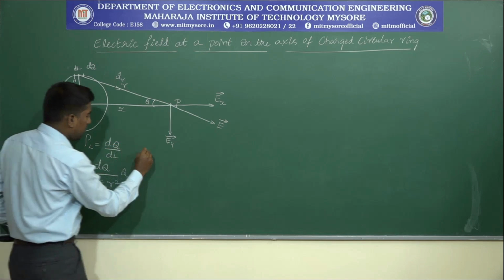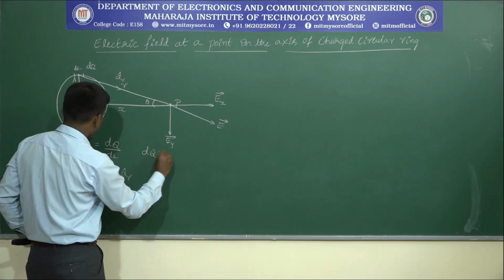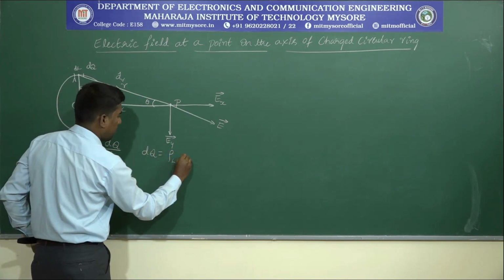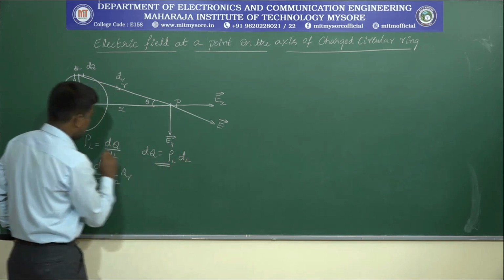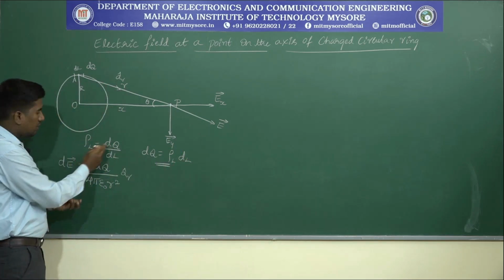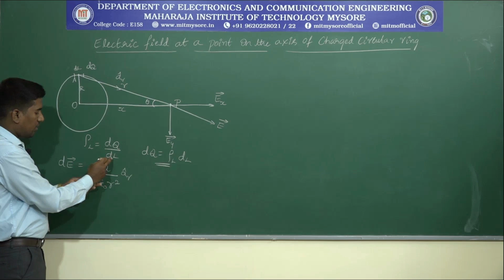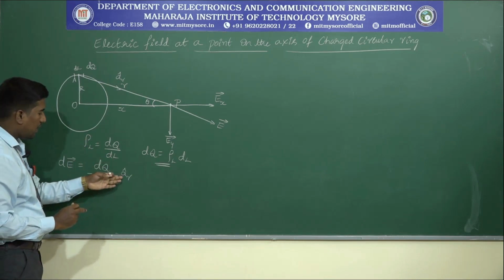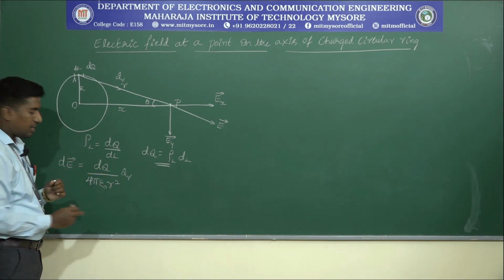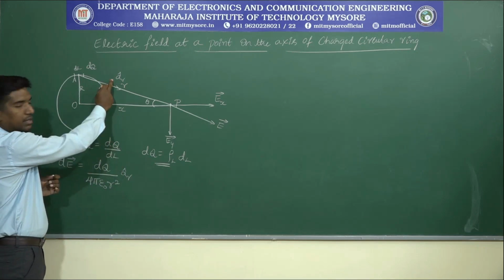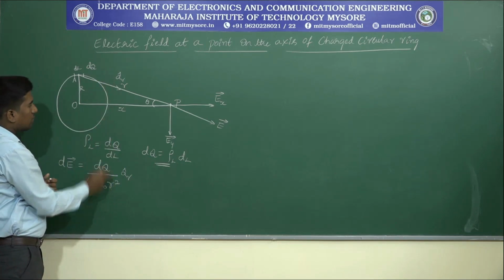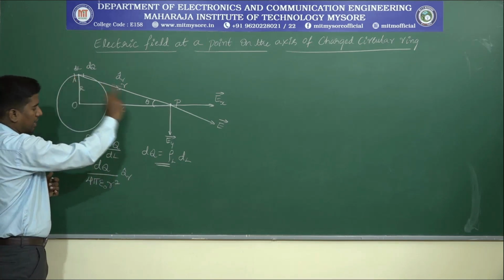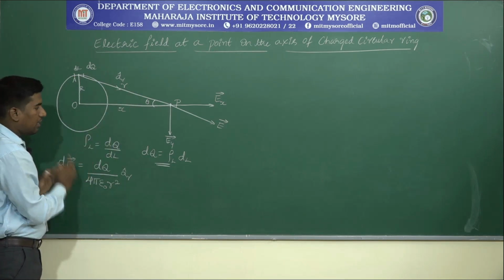We know that rho L is dq by dl, so dq is equal to rho L into dl. Here a cap r is the unit vector and r square is the distance between point A and P. This is the equation for dE.